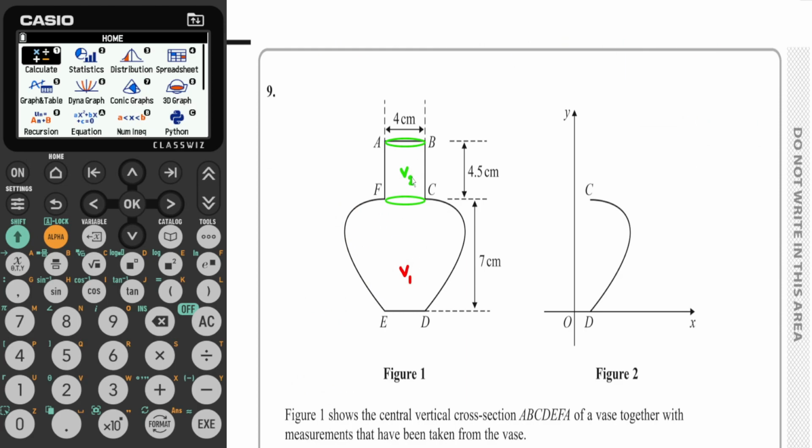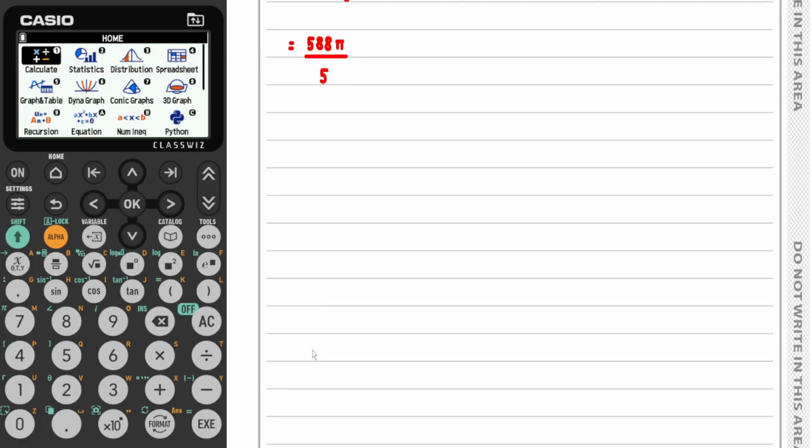We can now find out what V2 is. V2, that's pi times 2 squared times 4.5, which is 18 pi. So the total volume will be 588 pi over 5 plus 18 pi. Let's work out this numerical value.